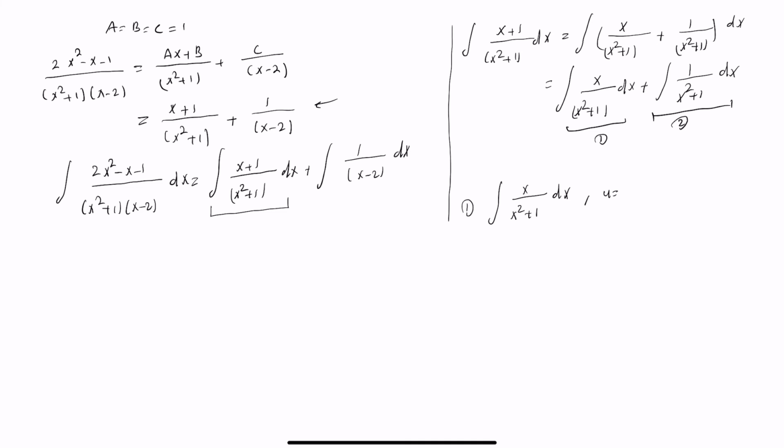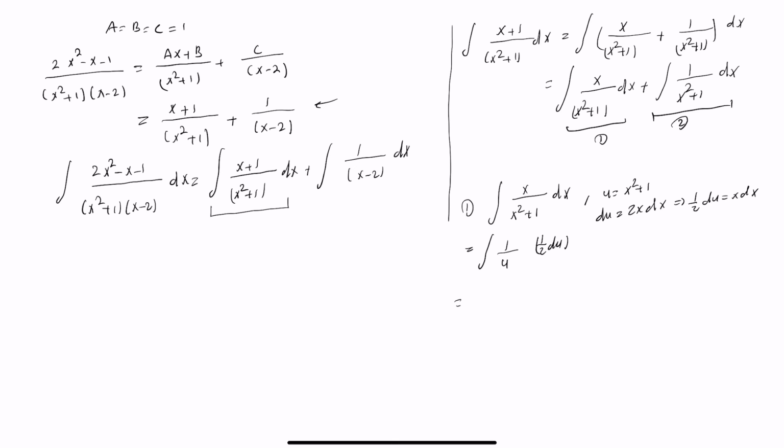So u is going to be equal to the denominator, which is x squared plus 1. Therefore, du is going to be equal to 2x dx. Now I'm going to move this to the other side. So it's going to be 1 over 2 du equal to x dx. Therefore, this integral is going to be equal to, again, x dx is just half du, and then 1 over the denominator is just equal to 1 over u.